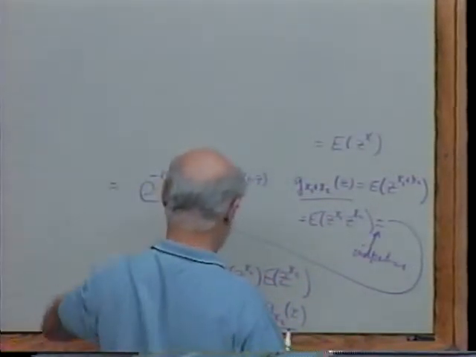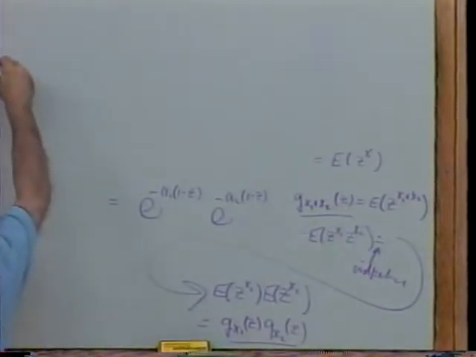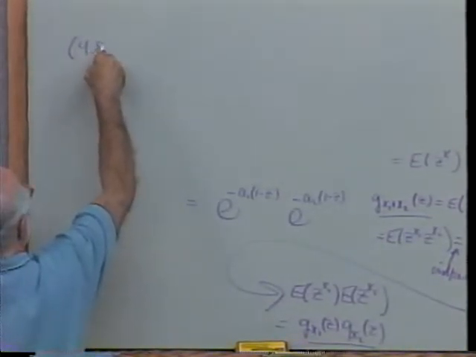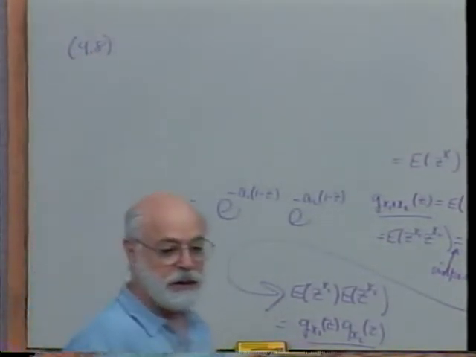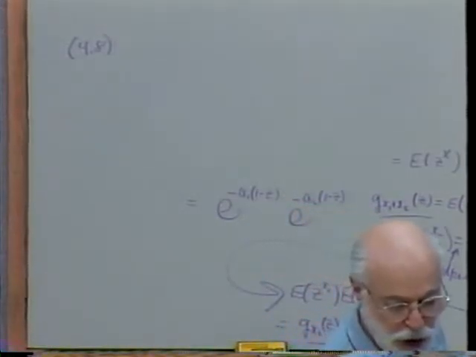I won't go through the arithmetic. This is 4.8 on page 28.